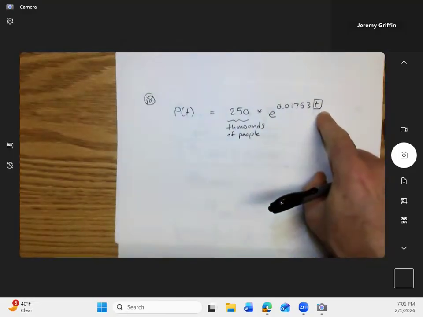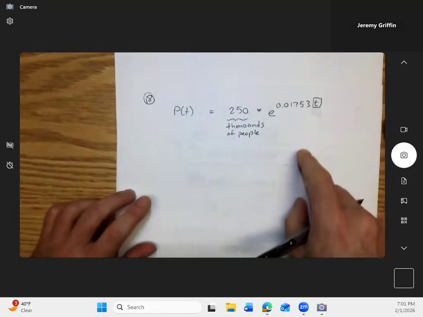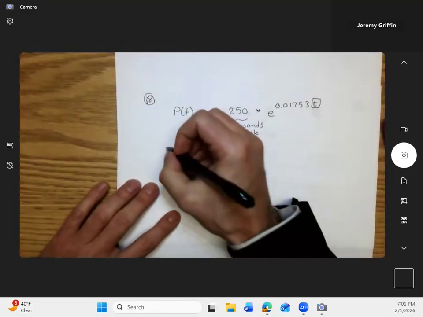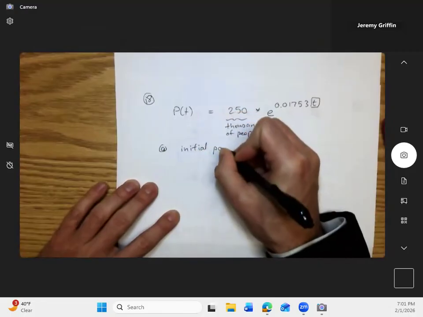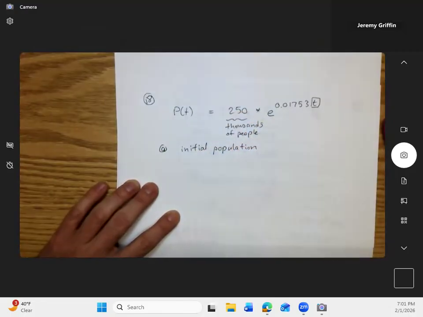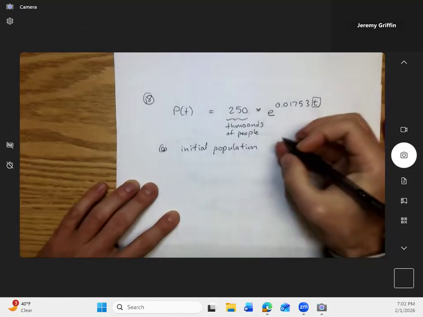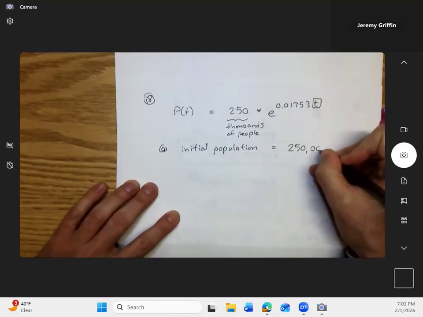We'll have to solve that eventually. But what do we know? So I know that the initial population is equal to 250,000.